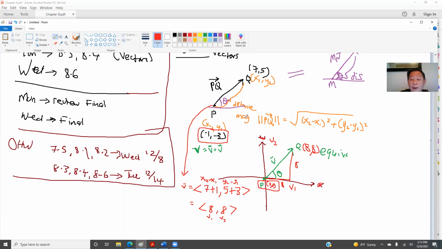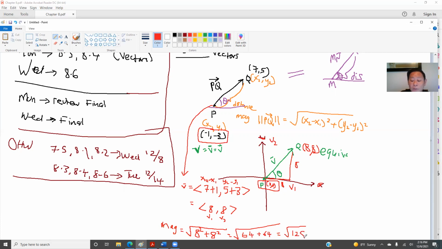Now, in order to find the magnitude, or the distance, you just take the square root of 8 squared plus 8 squared. This is how you find the magnitude: you take V1 squared and V2 squared, add them, and take the square root. This is the square root of 64 plus 64, which is 128.